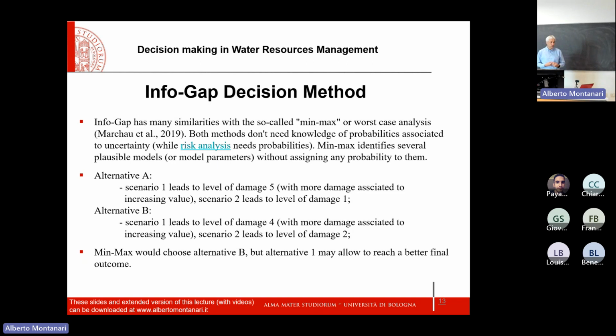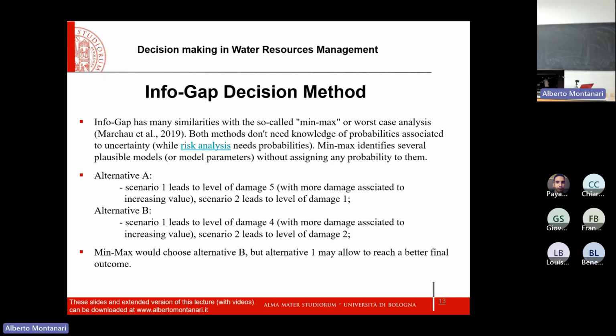So I want to minimize the damage, and therefore min-max would select alternative B, because the worst case is level of damage 4. Alternative A has a worse worst case, and therefore I prefer B. So I am not considering that alternative A may lead to a lower damage with respect to alternative B if scenario 2 occurs.